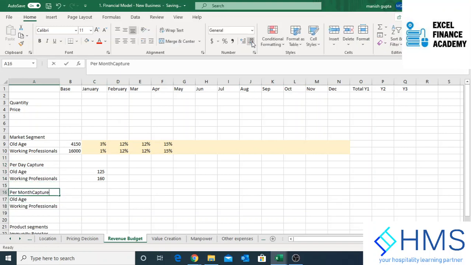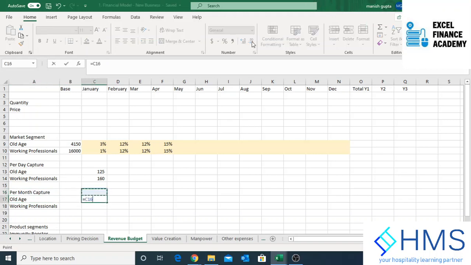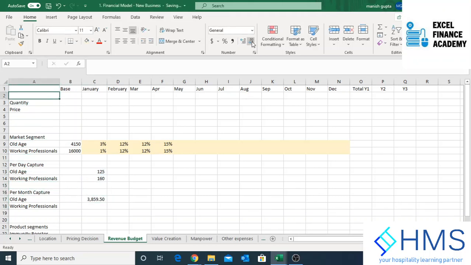You may assume, why am I doing it in so many steps, why don't I just put this into a simple formula. Sorry, we should also have a month, days in a month, so that we don't have to use manual calculation. 31, 29 or 28, 31, 30, and then we just copy this.